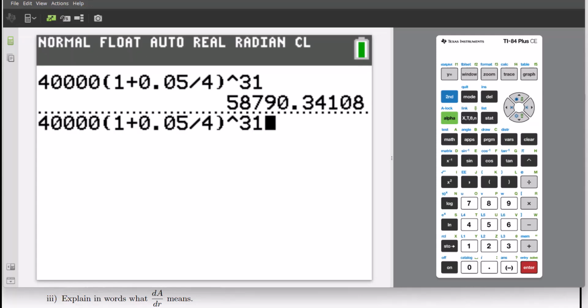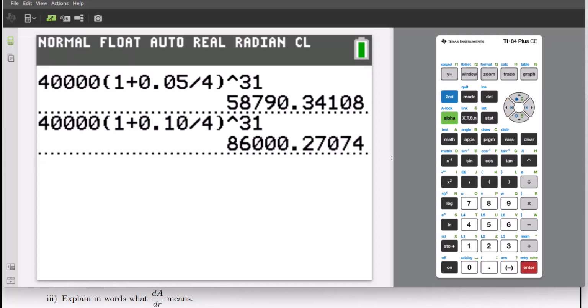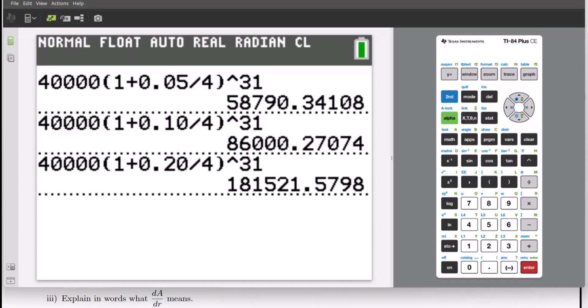So instead of typing everything all over again, I'm going to go back with my arrow keys and replace 0.05 with 0.10. Hit enter one more time, and I get the new value for the 10% rate of interest. And finally, I'm going to click second, enter one more time, and change the 10% to 20%. This is a quick, efficient way of getting all the numbers without having to type everything every single time.